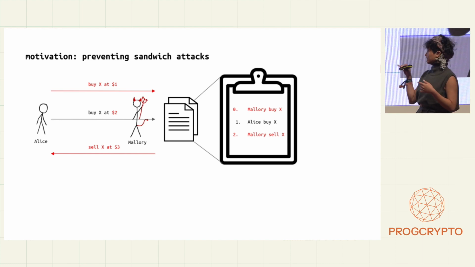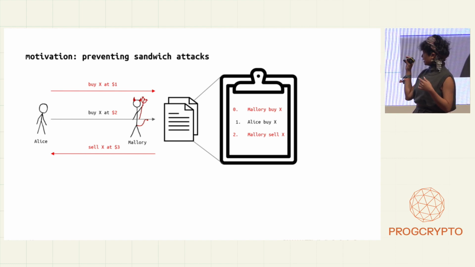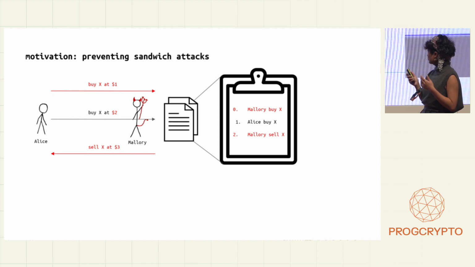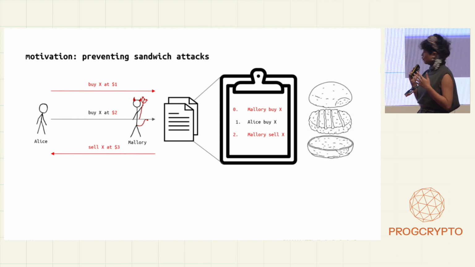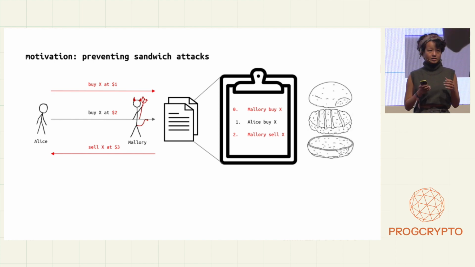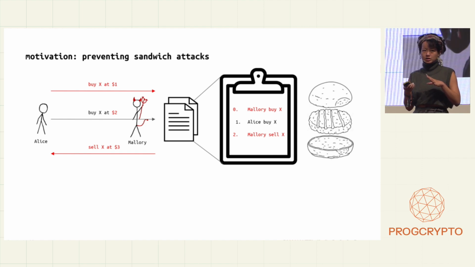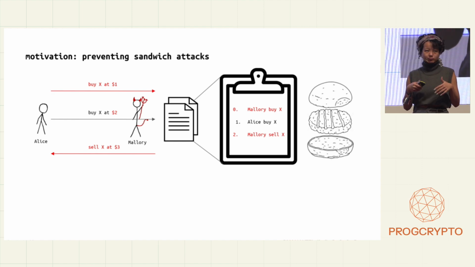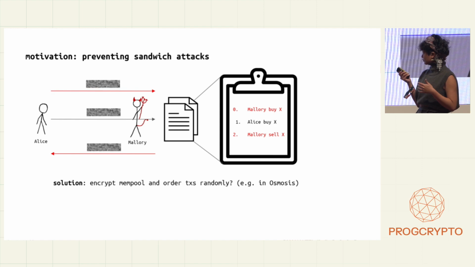And then afterwards, the operator inserts yet another order that arbitrages this trade back. So why this is concerning is because users are getting worse execution and privileged actors are benefiting from their users.